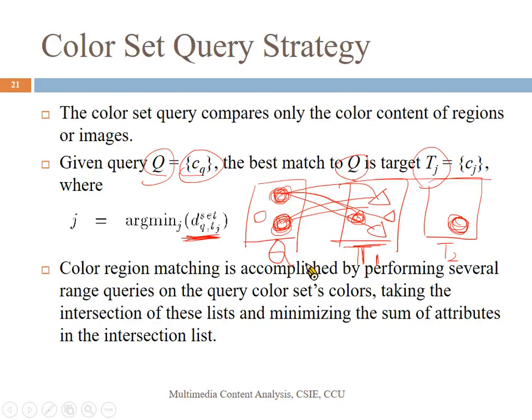Some images may consist of the red circle, and some may consist of the green rectangle, and then we take the intersection and return the images that consist of the red circle, the green rectangle and the blue polygons.